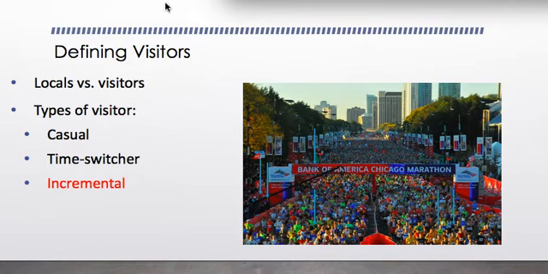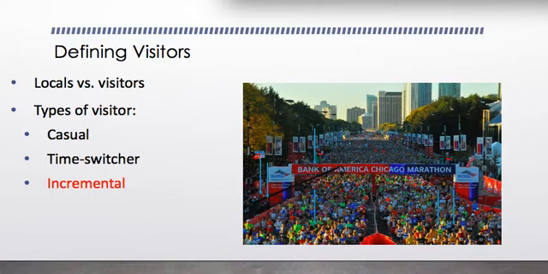All right, so let's identify the different types of visitors because we're going to classify visitors differently based on why they're coming to town. And that will help us determine what portions of their spending we want to account for. So this first type of visitor is a casual visitor. A casual visitor is someone who is already in town for a specific reason.